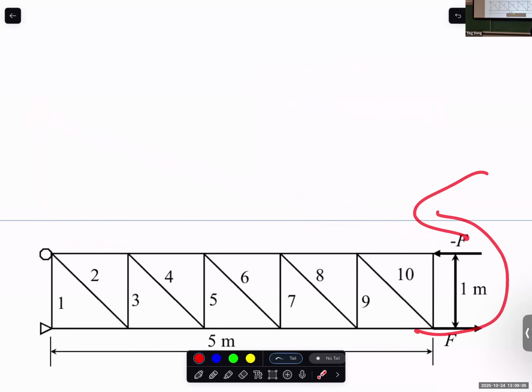But when we have a couple applied, the bending moment is constant. So now we are clear about how the bending moment changes in this structure. How should the stress change? How does it change through the y direction?